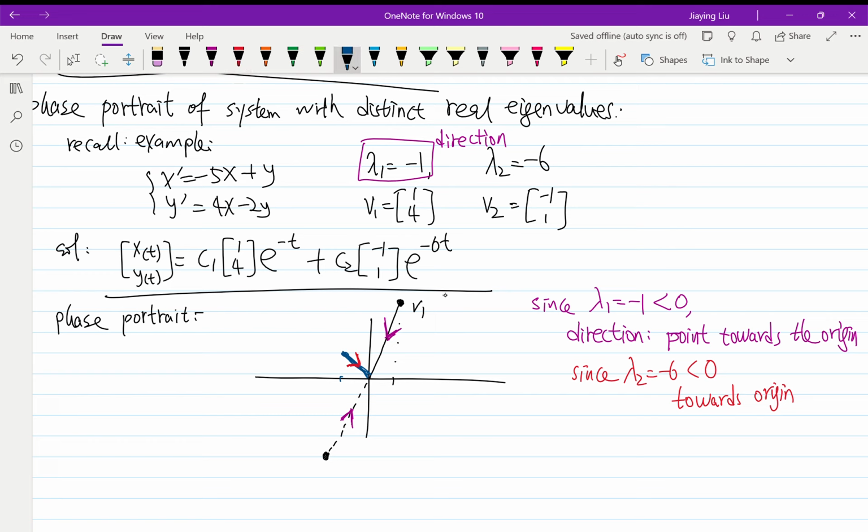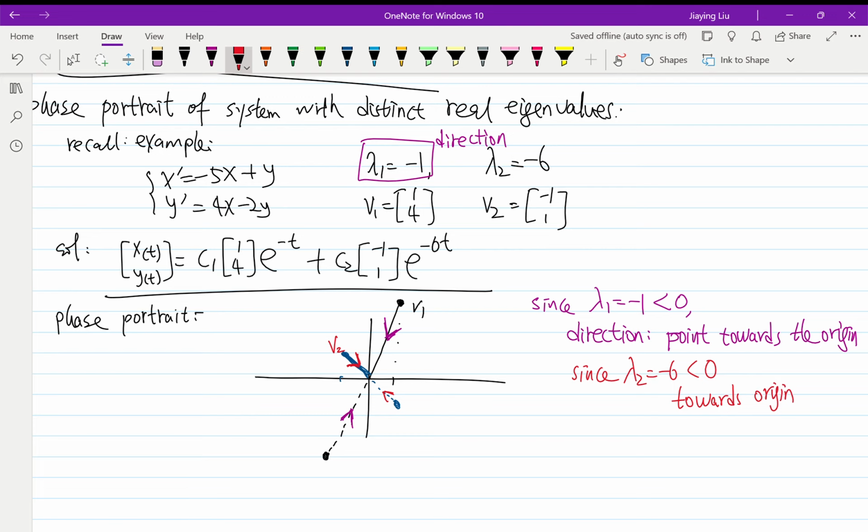And now we're going to reflect this. Again, draw an arrow pointing towards the origin. So those four vectors, V1, V2, and also the reflections, are going to tell us how the solution will behave.